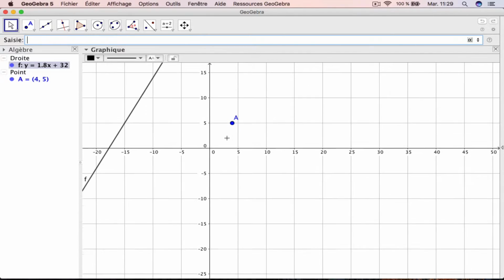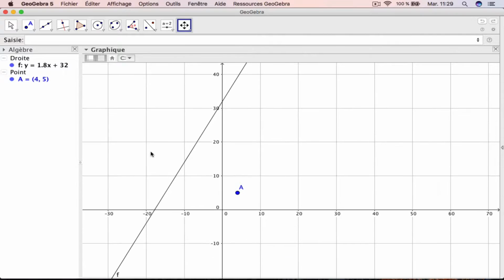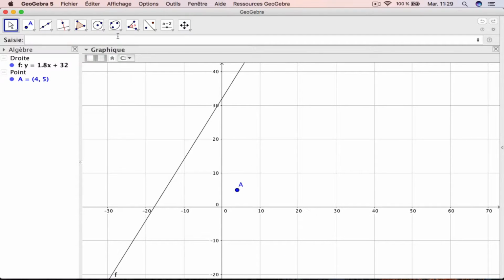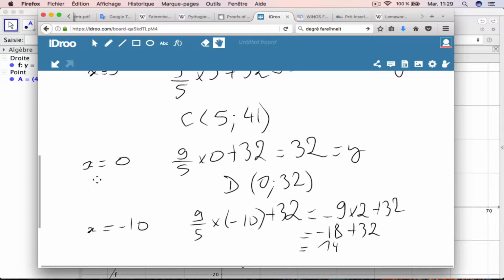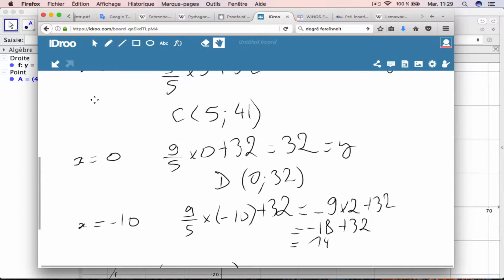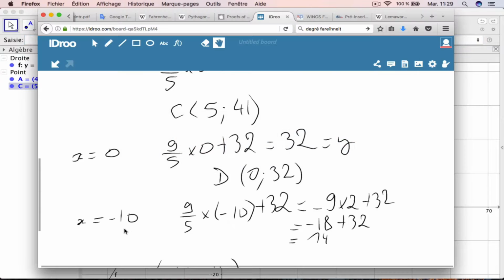We have to change the scale, and now we can find this. If we put, as we have done, let's go back to our first calculation. We say C is 541. So let's put 541. We can see here it is on the line. We can do other calculations.